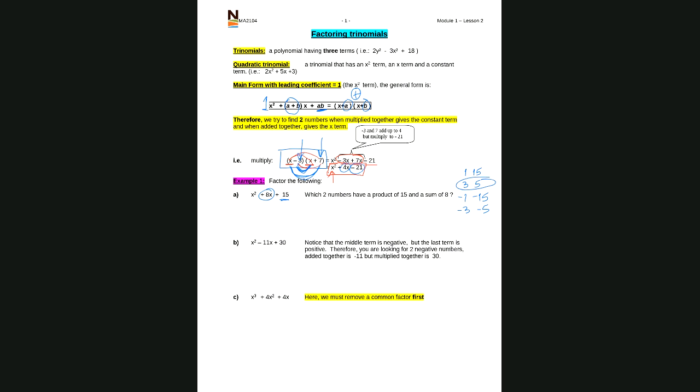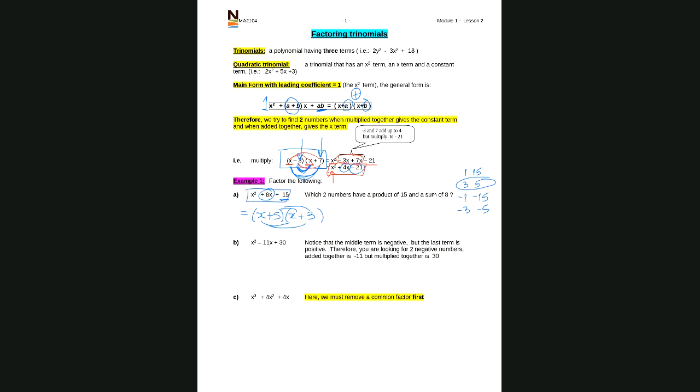So we can go ahead and write the two binomials as x plus 5 and x plus 3. And you can always do a check when you factor, right? Because it's the opposite of multiplying. So if you multiply it out, you should get the exact same answer as at the beginning.